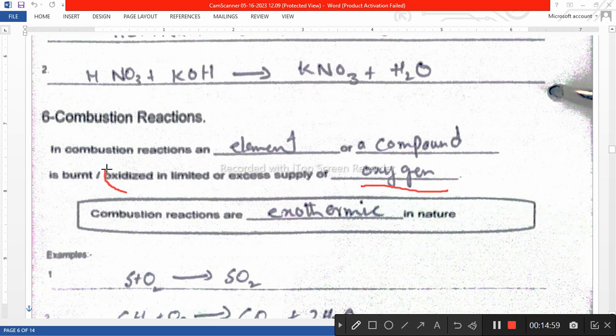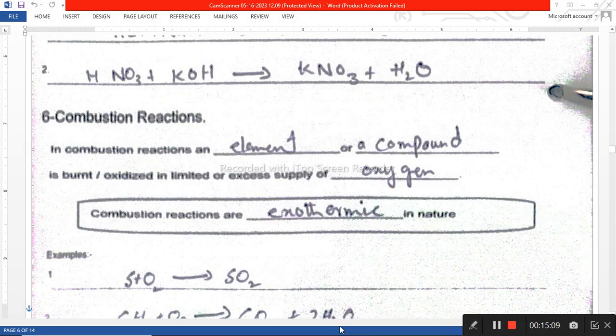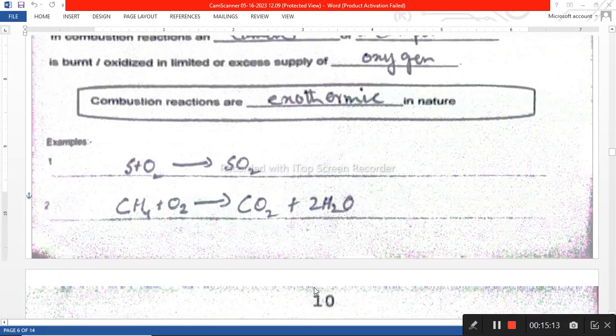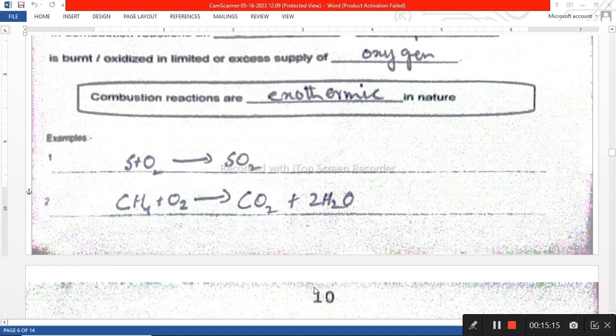Oxidation and reduction, all these things we will discuss thoroughly in future lectures. The examples of combustion reactions are sulfur plus oxygen giving sulfur dioxide, and CH4 plus O2 goes to CO2 plus 2H2O.